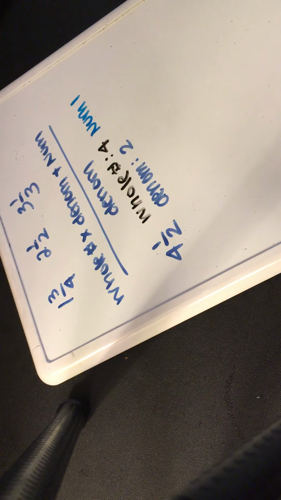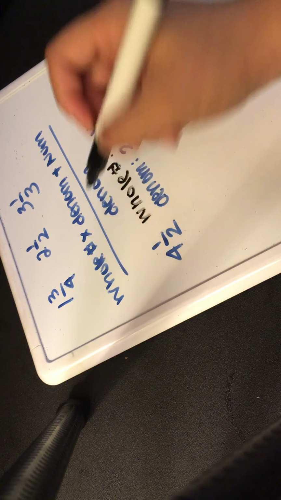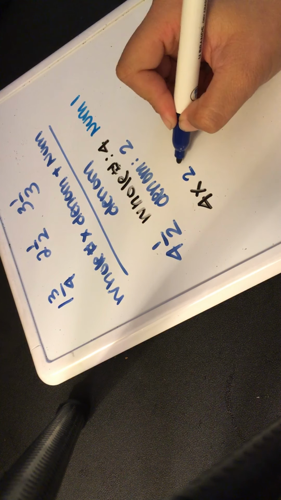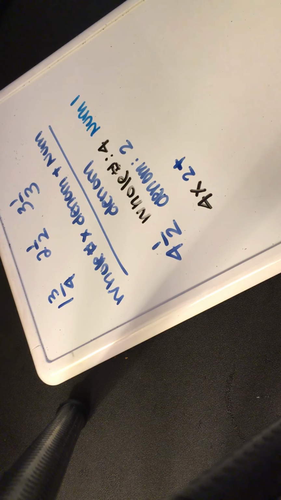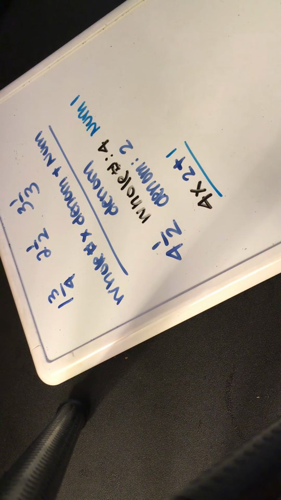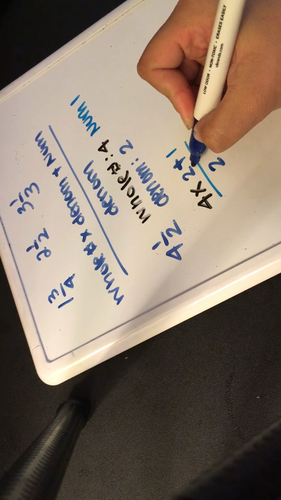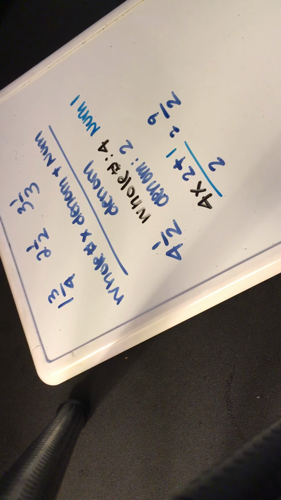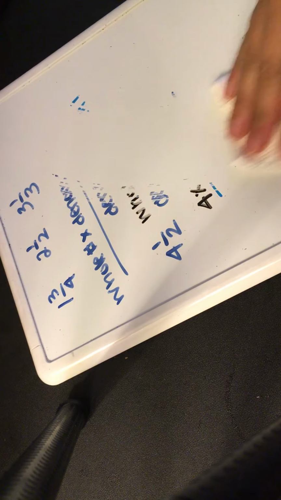So let's plug in our numbers. 4 times our denominator, which is 2, plus our numerator, which is 1, over our denominator, which is 2. So 4 times 2 is 8, plus 1 is 9 over 2. So that is how you will convert your mixed fraction to an improper fraction.